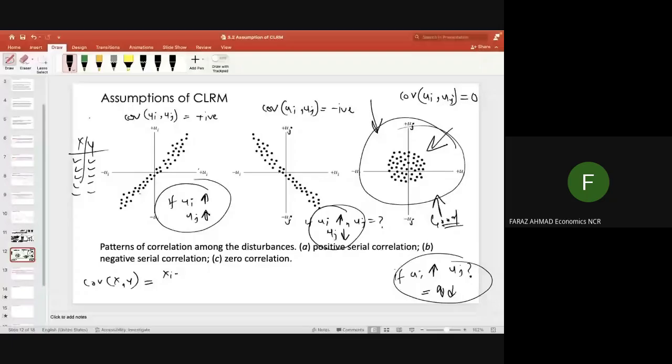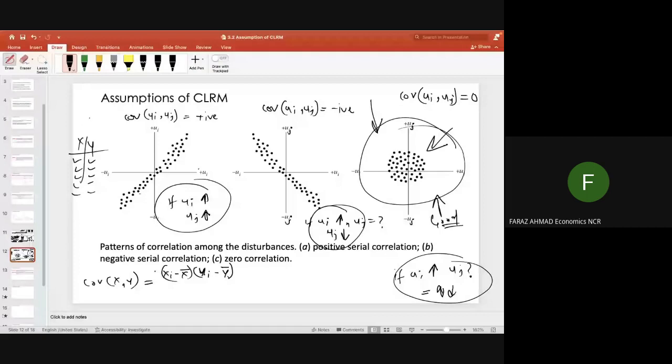Then what you would do is take each x value, subtract the mean of all x's, multiply it by the same for y, add the product, divide by n, you will get the covariance, right?